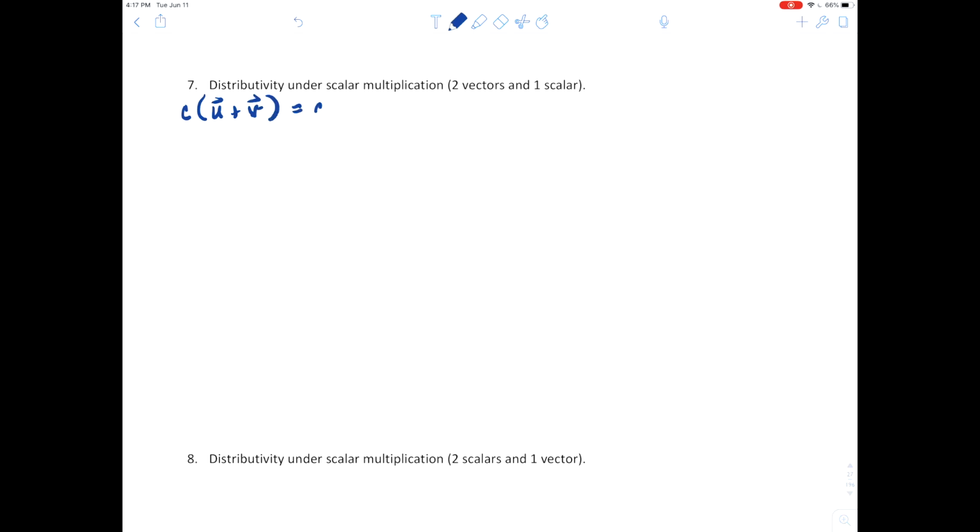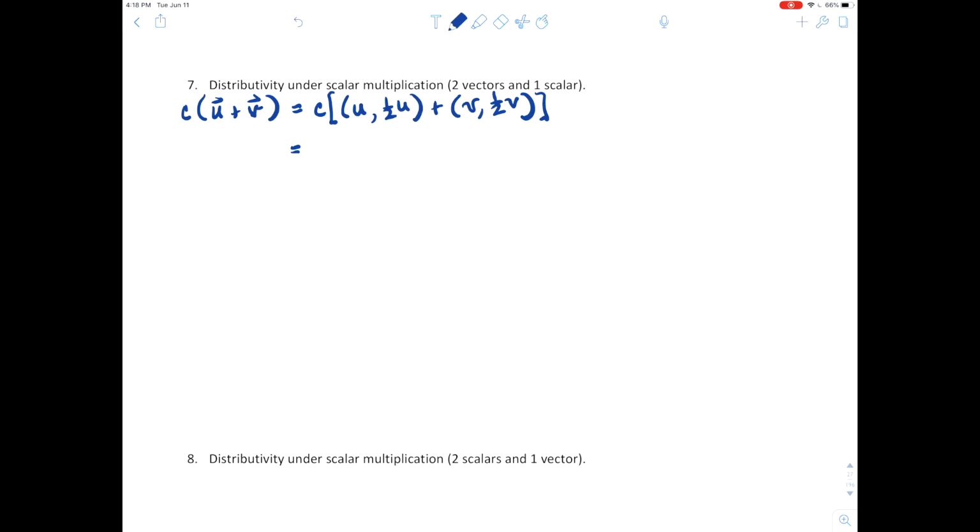So putting it into component form like we've been doing, this would be u comma 1/2 u plus v comma 1/2 v. Those are grouped together. Now they're still vectors though, so we can't distribute the c in yet. You have to wait until you can use the definition of vector scalar multiplication.